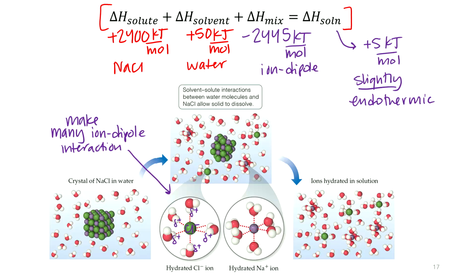So there's not a huge barrier there. But I am definitely increasing my disorder because I used to have all of my Na's and Cl's in a perfect lattice with only one real configuration for them. But now I dissolve them in water and they're going crazy all over the place. So there's a huge increase in entropy.